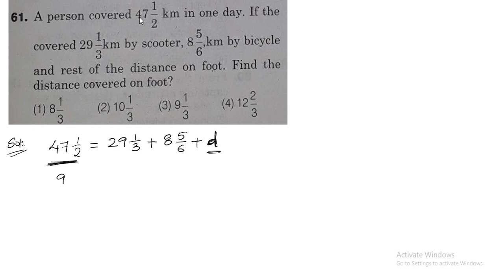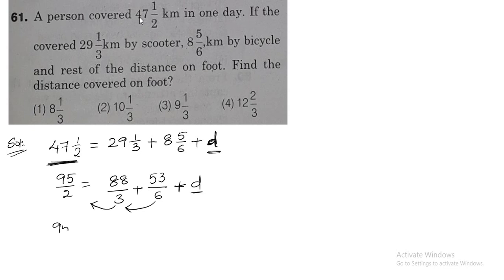It is nothing but 95 divided by 2, equal to 29 3s are 87 plus 1 is 88 divided by 3, plus here 8 6s are 48 plus 5, it is 53 divided by 6, plus D. Now since I need to find the value of D, I am going to transpose these two terms to the left hand side.